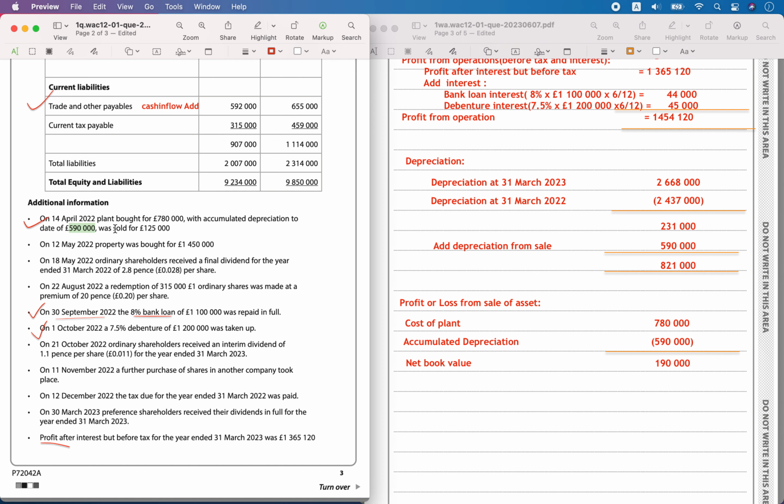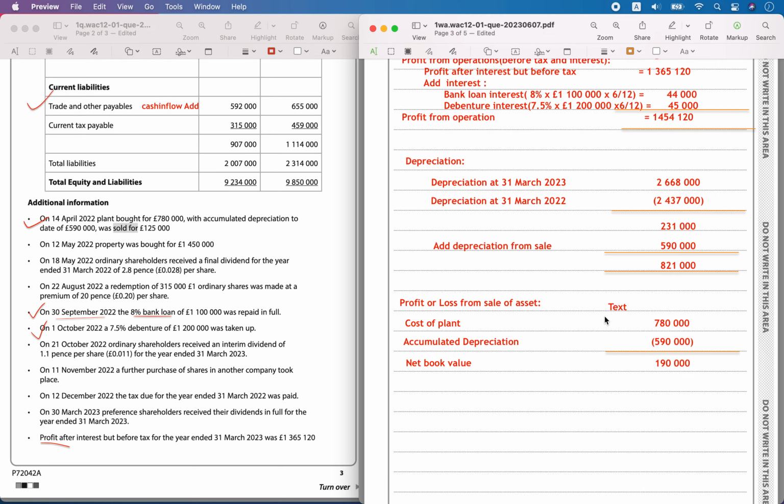Now I see that it was sold for only 125,000, which is below 190,000. So ideally speaking, I have made a loss. 190,000 minus 125,000, so the loss is 65,000.